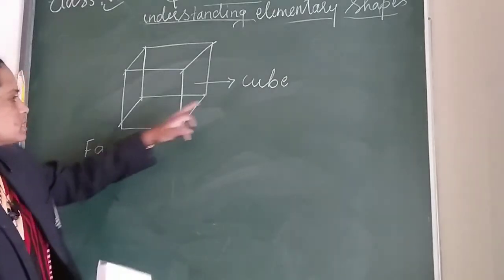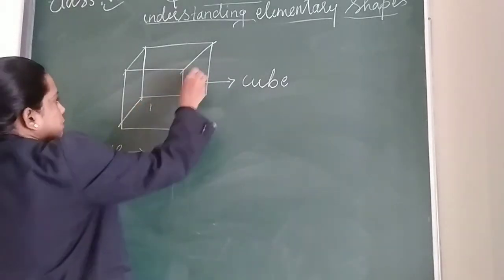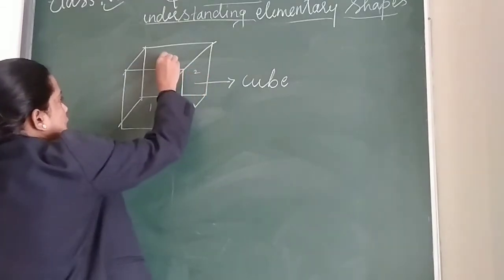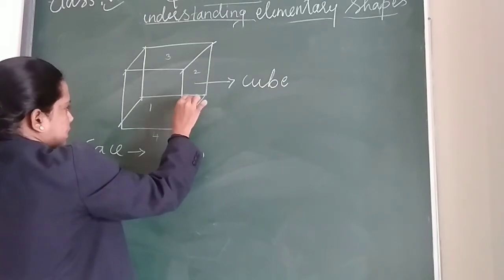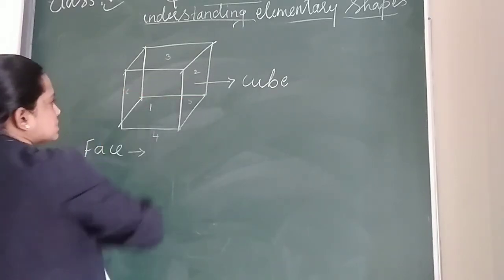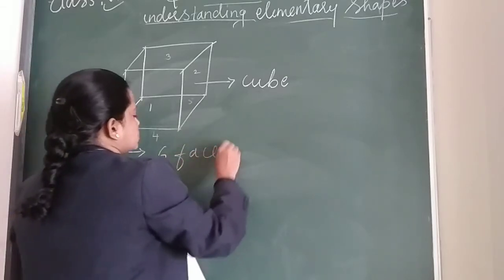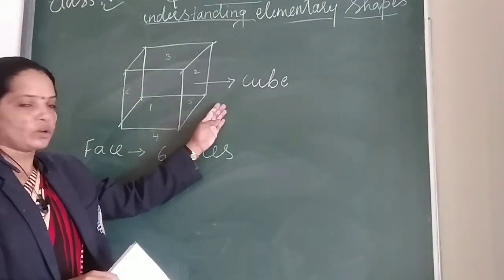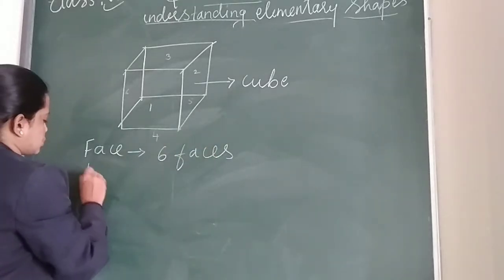How many faces are there in the cube? Number of faces: front 1, back 2, up 3, down 4, right side 5, left side 6. So the solid figure cube has 6 faces. Next one, edge.